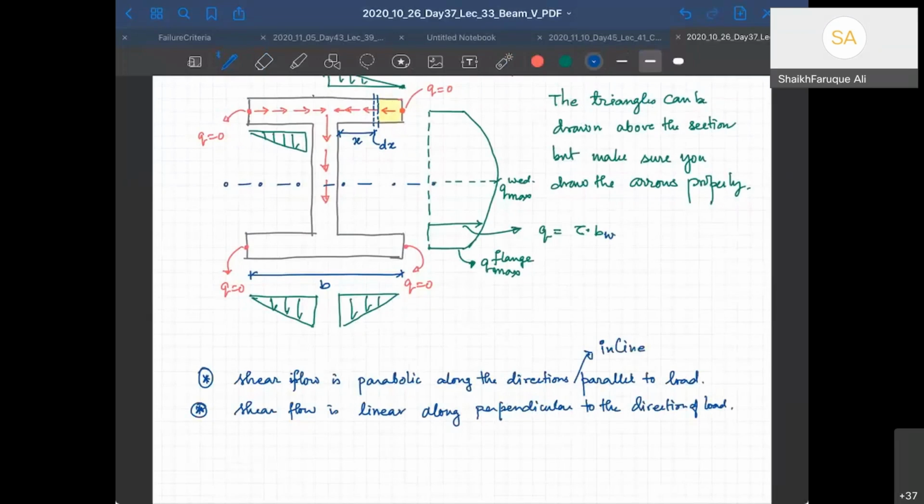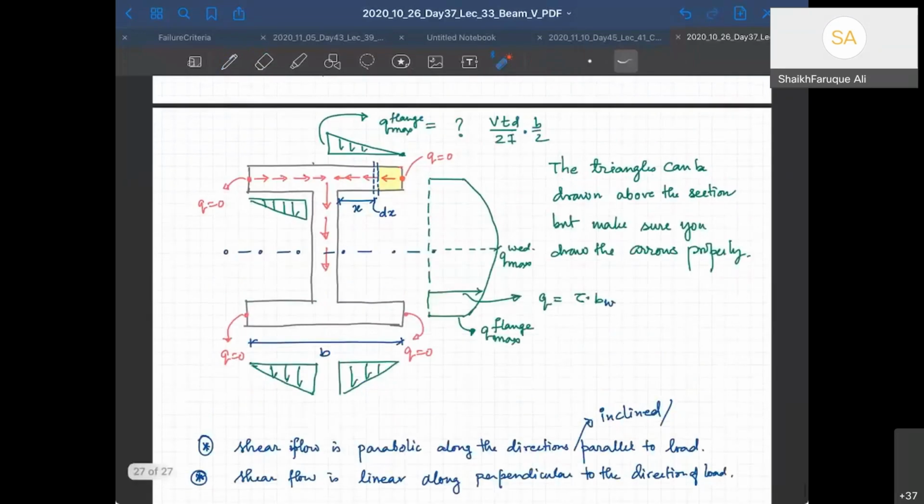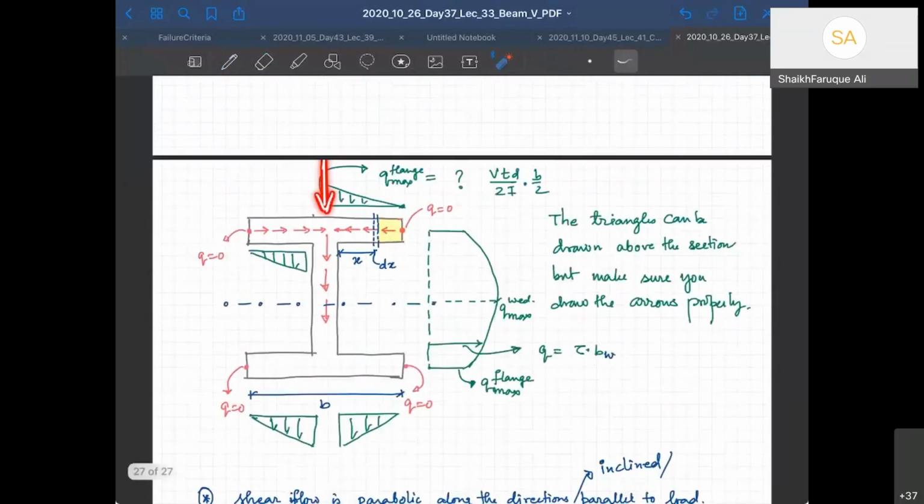Okay, this is very important. So here in this case, we have assumed that the load is acting this way, right? Therefore, this is parallel to the load, and that is going to have a parabolic distribution. Whereas this is perpendicular to the load, and therefore it will have a linear distribution. Okay, that clear?